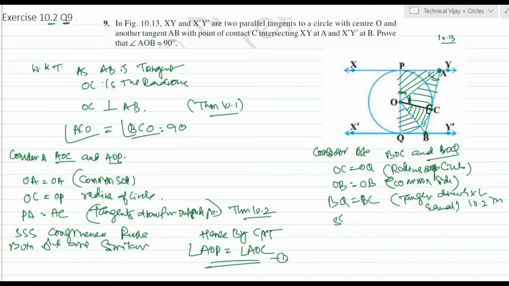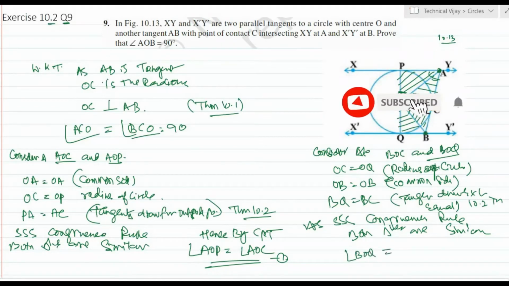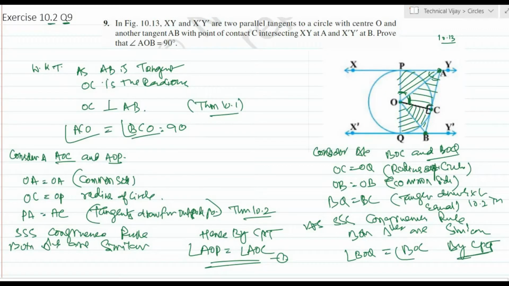So as per the triangle congruence rule, both triangles are congruent. In the same way, angle BOQ is equal to angle BOC by CPCT. So this angle and this angle will be equal.